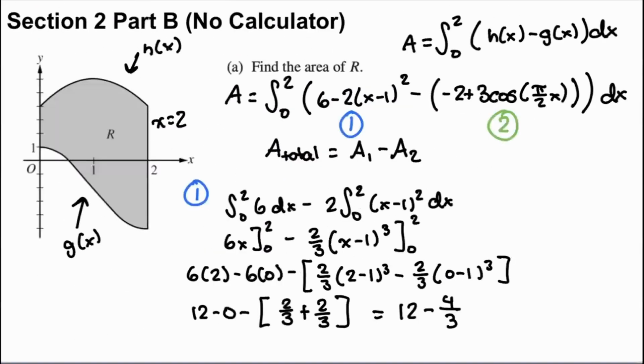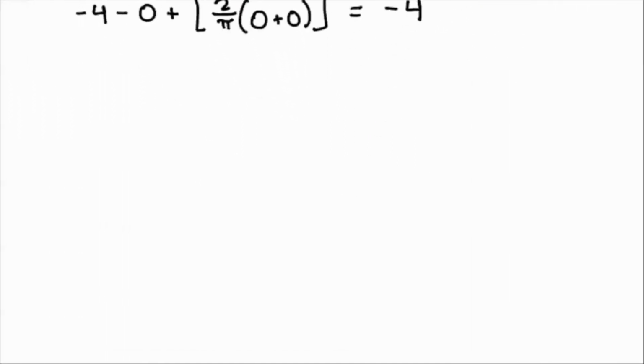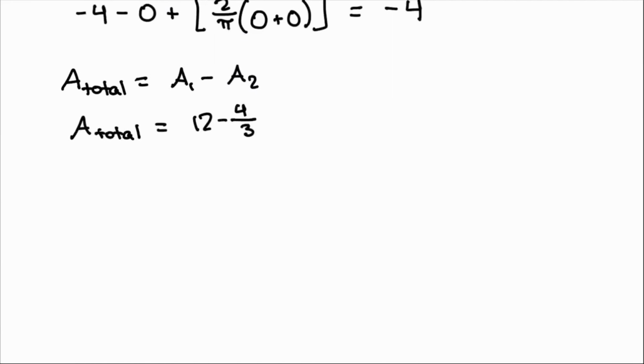We found our area 1 here, and so now we have to go through the process of merging the two areas that we got together. So I'm just going to say that area total is equal to A1 minus A2. So we got that A1 is equal to 12 minus 4 over 3.